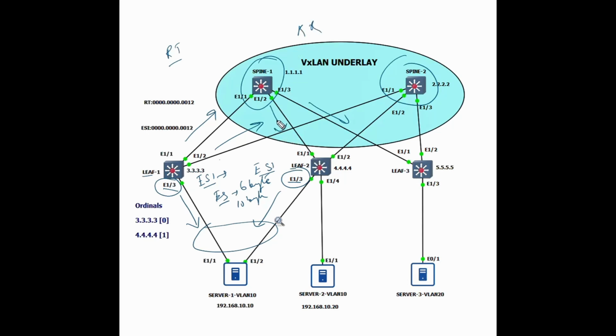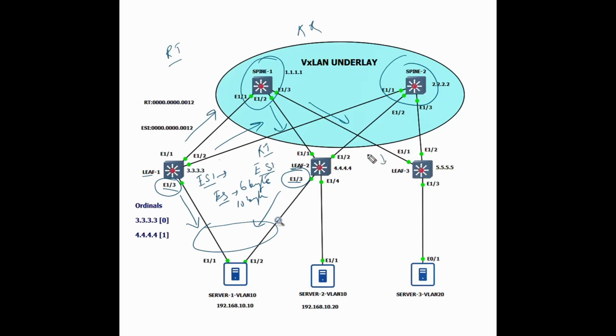So that prefix will be sent to leaf 2 and leaf 3. So the leaves or the provider edge devices where that Ethernet segment is configured, so in this case leaf 2, has the same Ethernet segment identifier configured, and it would have generated the same import route target. It will accept that update from the spines and install that update in the BGP routing table.